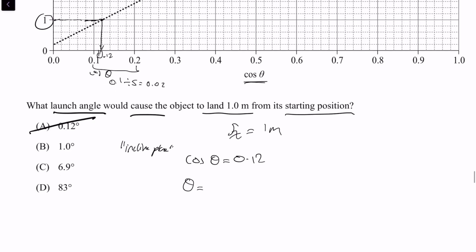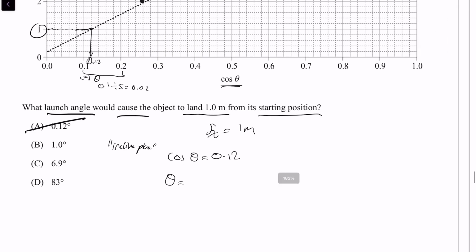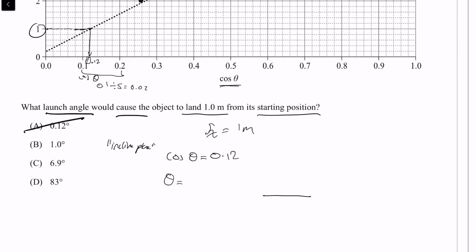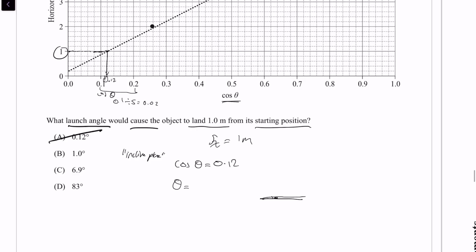An angle of 0.12 degrees is a pretty unreasonable angle to say. It's probably 1 degree, or less than that. That's a pretty weird thing to call an inclined plane.